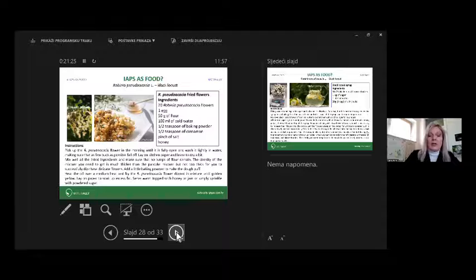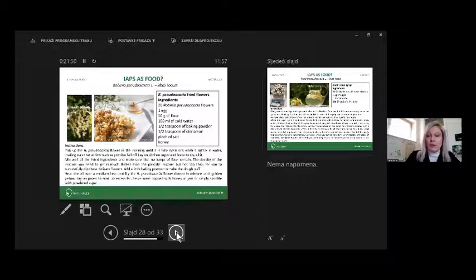Moreover, this knowledge about these nutritional benefits is already known and already exists in the culinary tradition of many nations. So here you can see a few recipes that in my opinion are interesting. For example, black locust fried flowers.